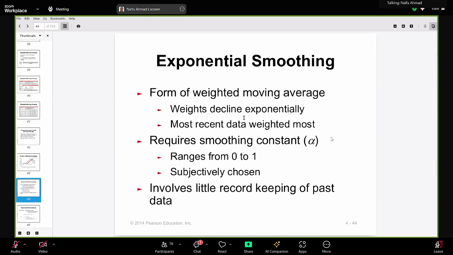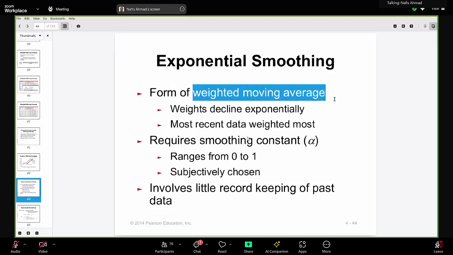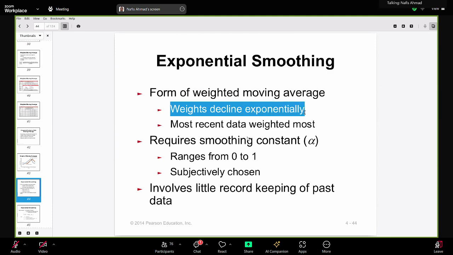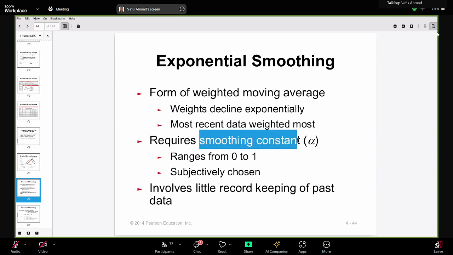Exponential smoothing is a form of weighted moving average, where weights decline exponentially, with the most recent data weighted most. It requires a smoothing constant. The term alpha is used for the smoothing constant in this case.